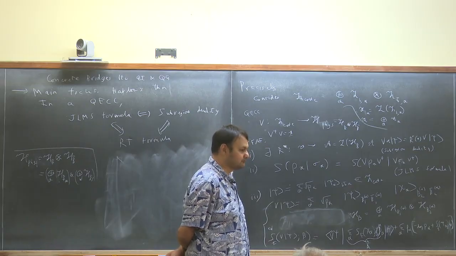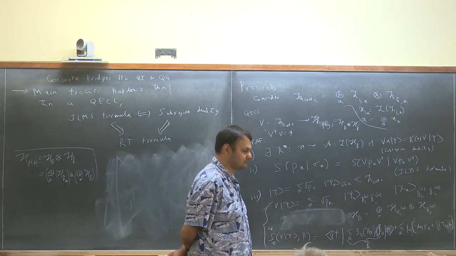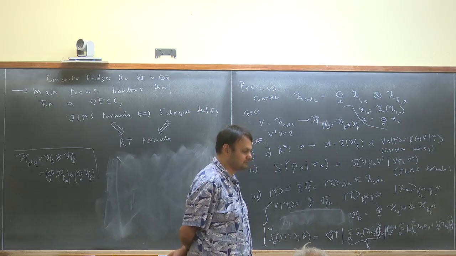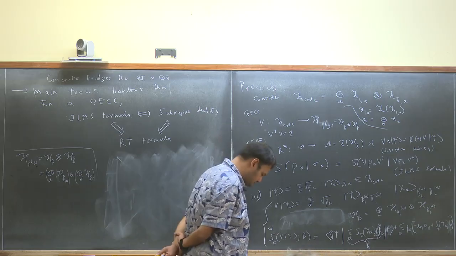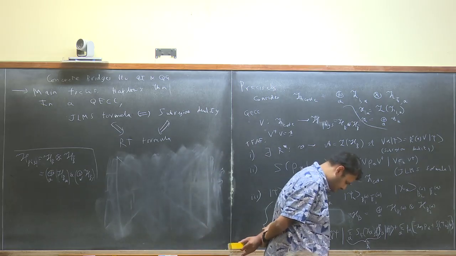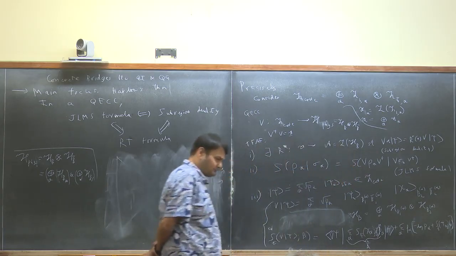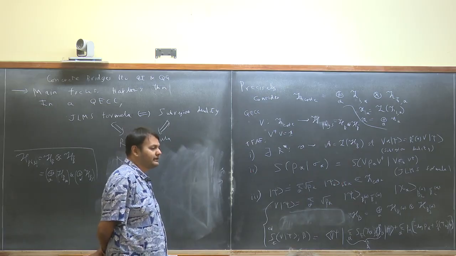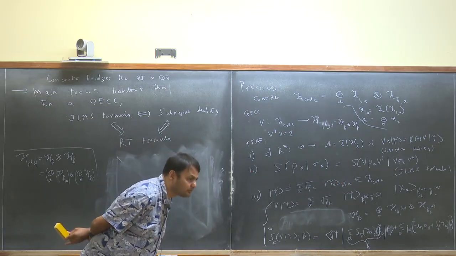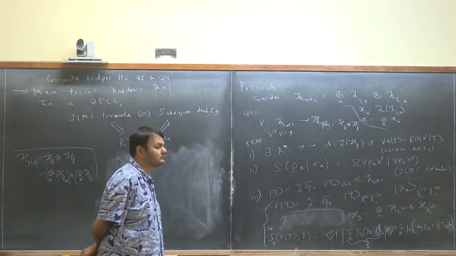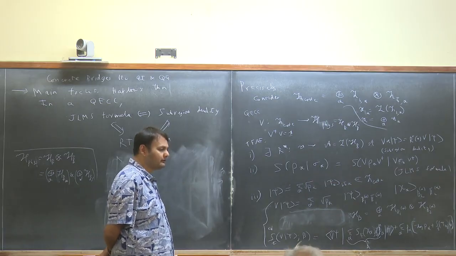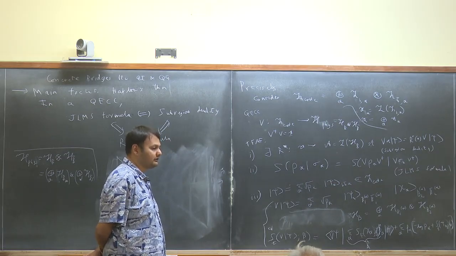If you don't have any entanglement of the bulk, the vacuum state you would characterize by saying that the entanglement is just the entanglement of chi and nothing else. Is that right? Because you don't have any bulk excitations.